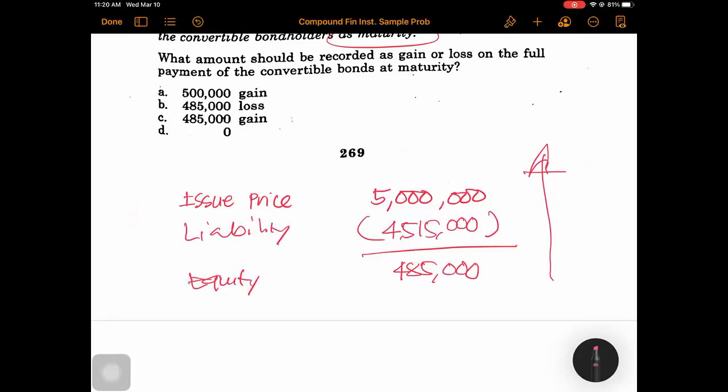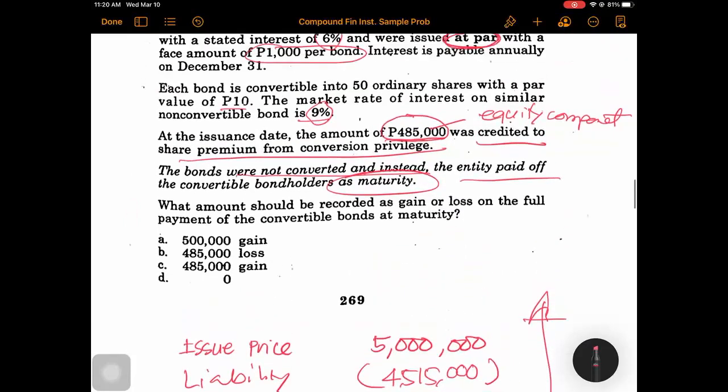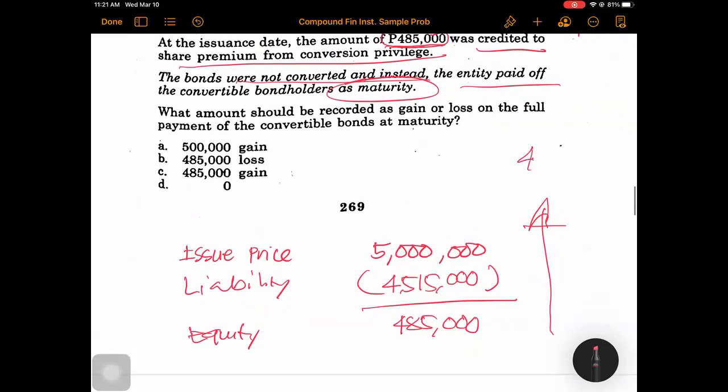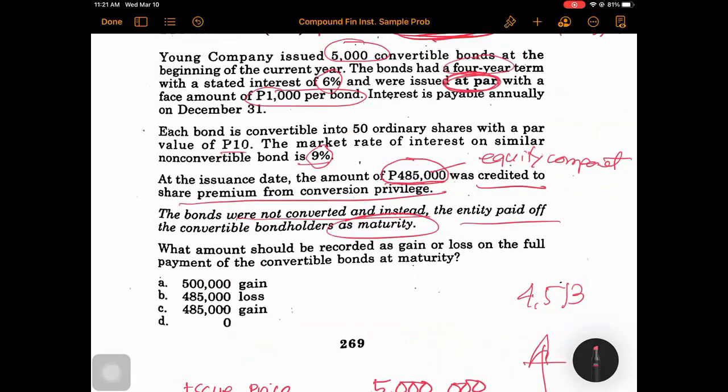Sir, if we prepare the PV, actually, the total is not 4,515. Total is 4,513 or 514 lang ata. So, since sa problem, basahan ninyo ang problem on the given. Since gihatag naman ang equity component, work back na lang ta.